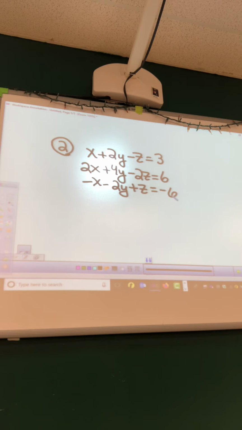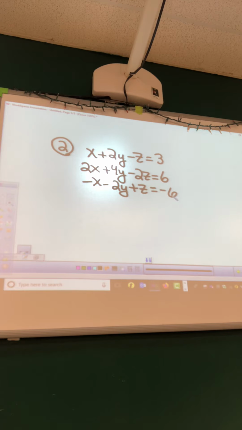So what I want to do is look at all 3 equations, and you get to choose. Do I want to eliminate x? Do I want to eliminate y? Or do I want to eliminate z? Okay? So when you look at that, you get to choose. You might think differently than your neighbor. You might think differently than the teacher.